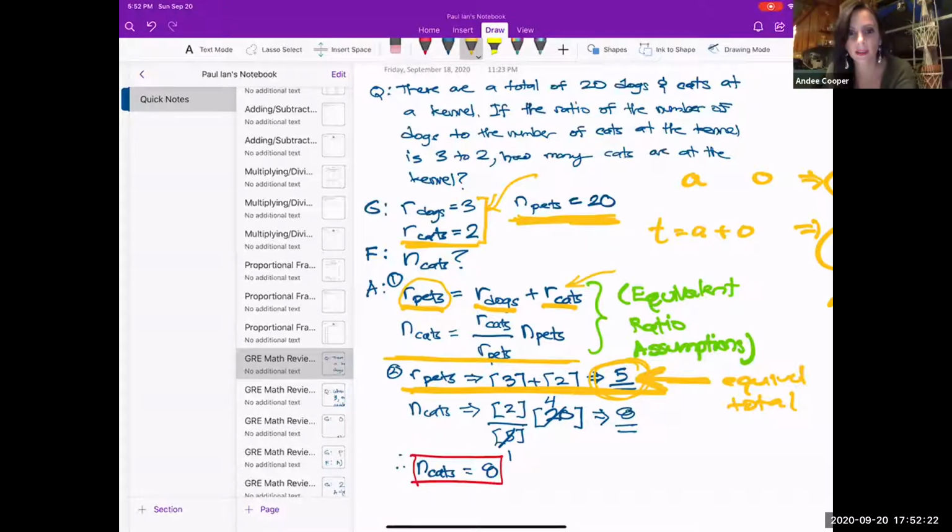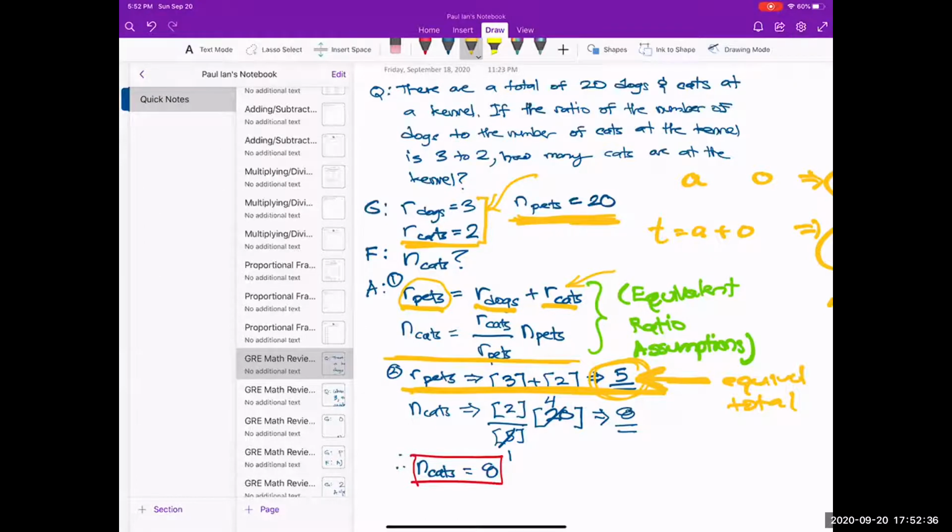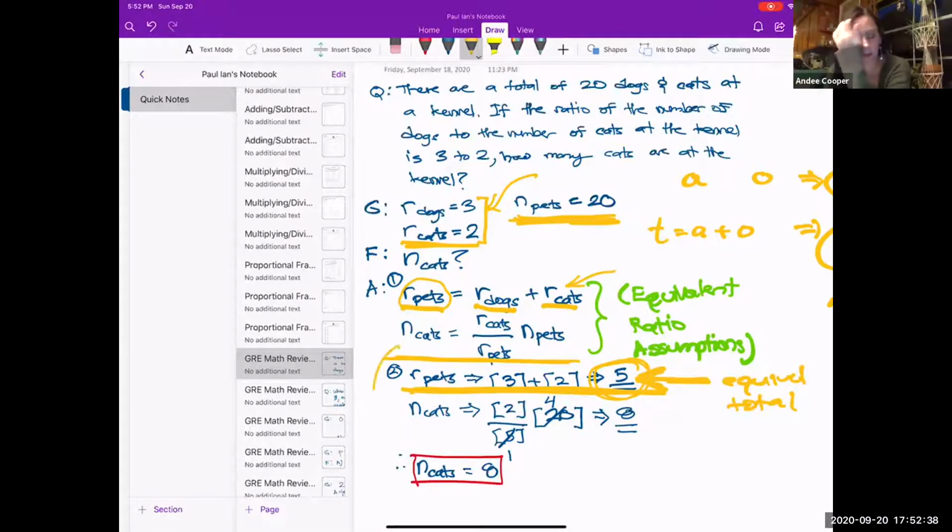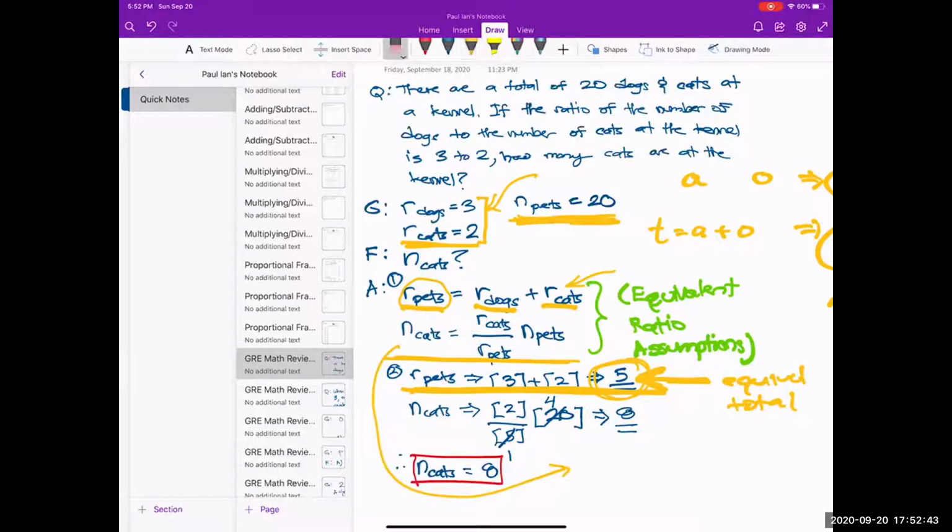So n is the number of cats. N is the number of pets you want to find, so the number of cats equals the cats to the total. How I set up this equation is kind of arbitrary. I'll rewrite it again. For example, what if it's asking about dogs instead of cats?